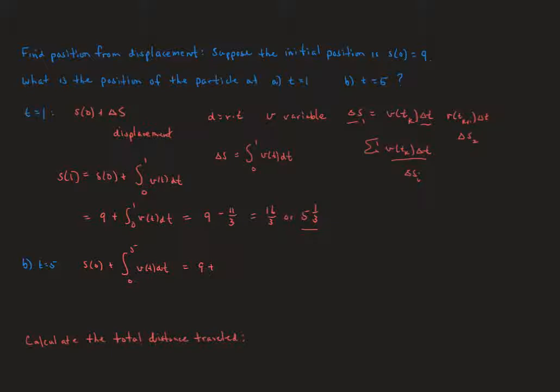So we will get 9 plus, and that turns out to come out even to be 35, and so that means we are going to be positioned 44 centimeters, and since that's positive, that means to the right of the origin, or 0. So again, this 35 is representing a net change.